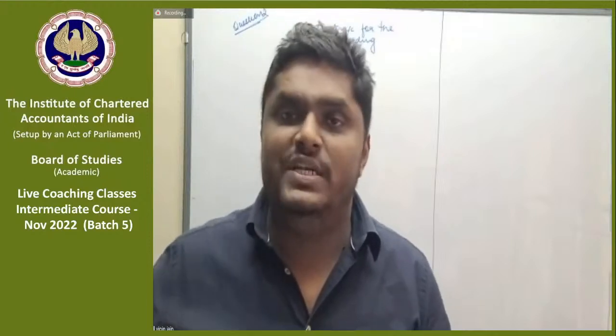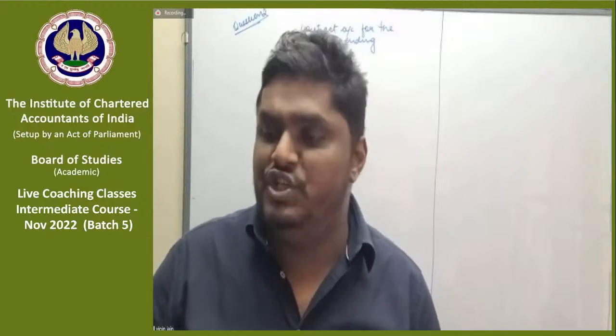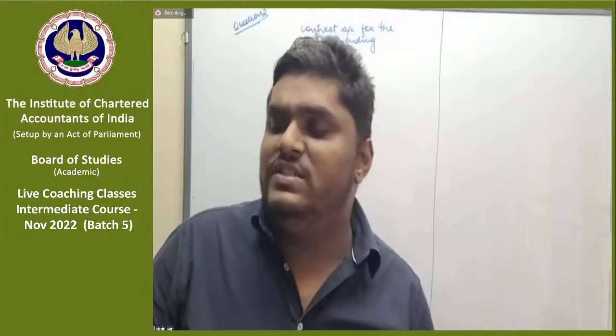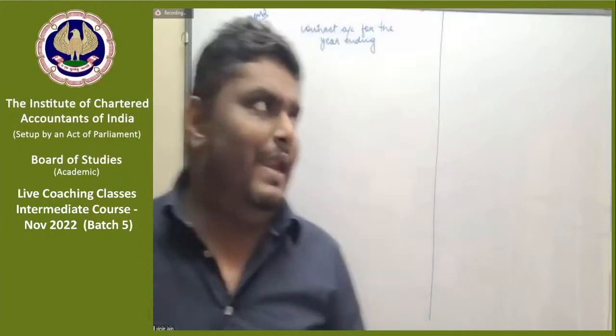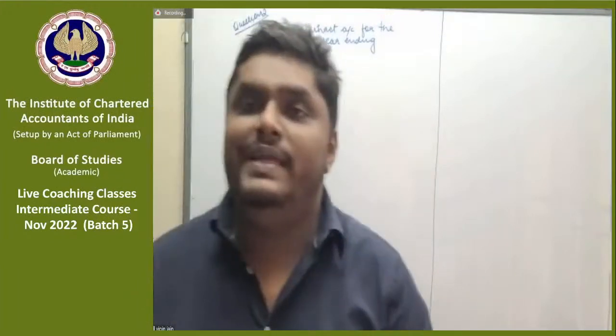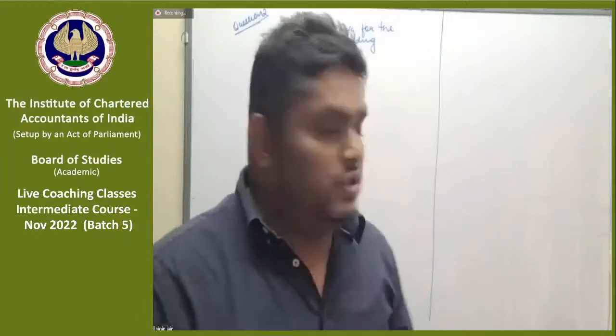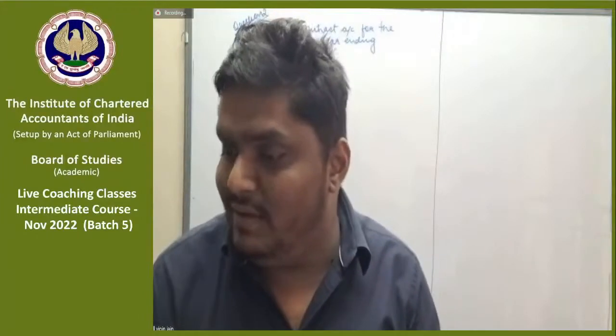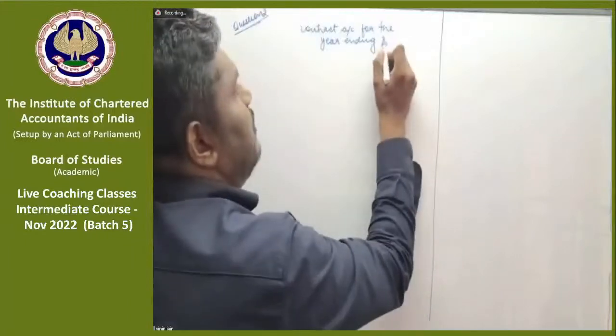The similar question is there in the study material, I think illustration number 5, so you can refer to the study material also. Herein I am discussing question number 2 of the material that I have provided. So contract account for the year ending 31st December 2020.